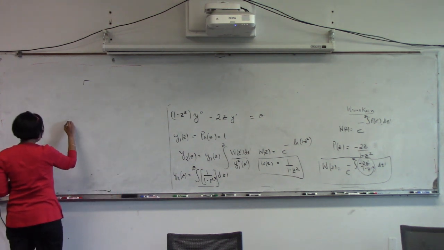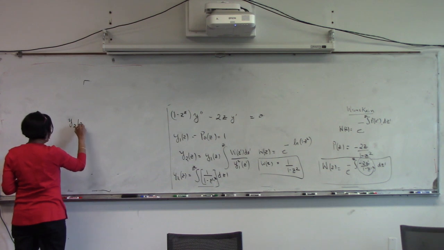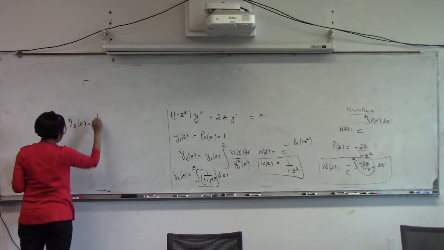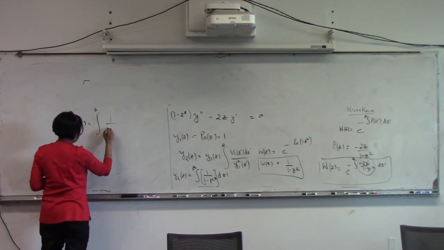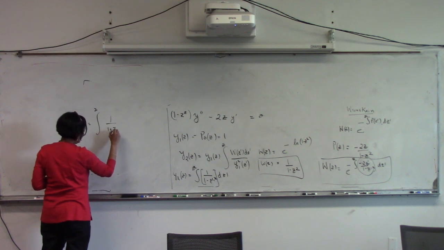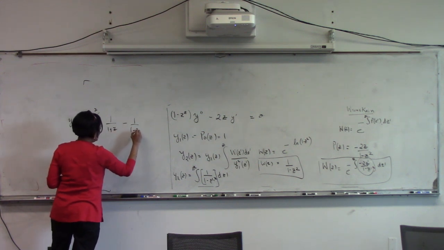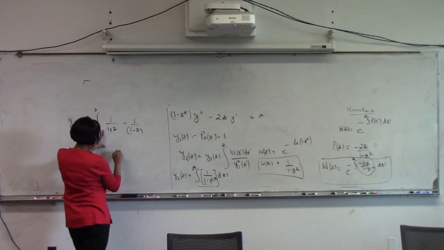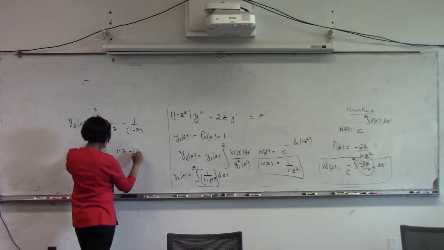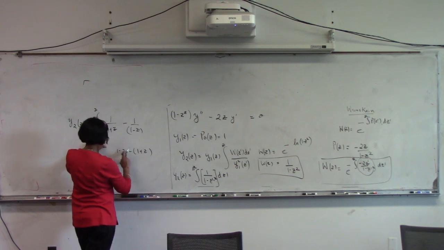All right, so what is that? Let me check. This will be 1 minus z minus 1 plus z, right? That will cancel.